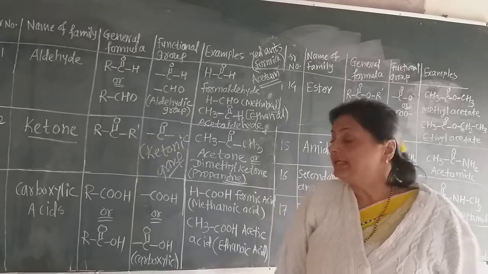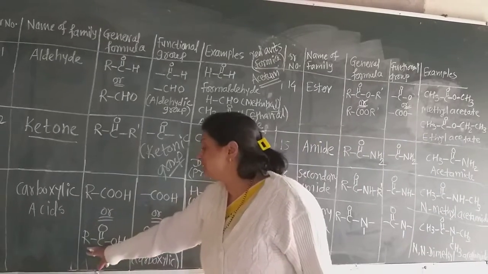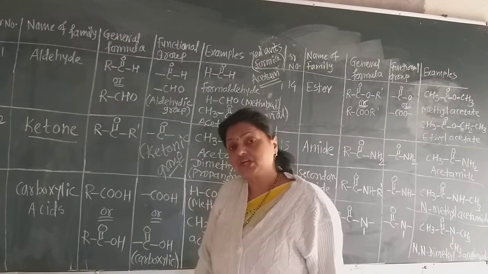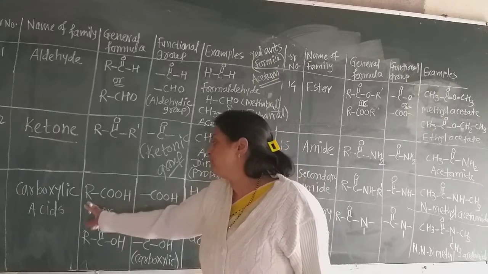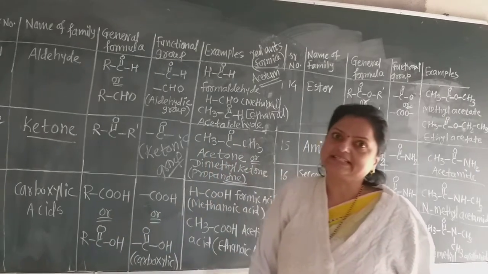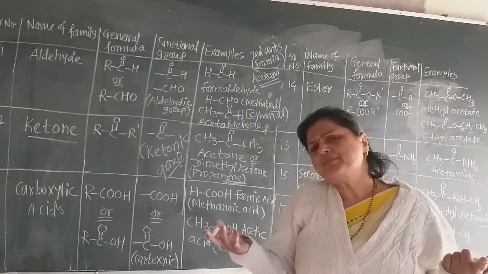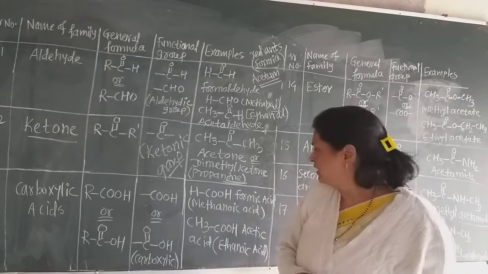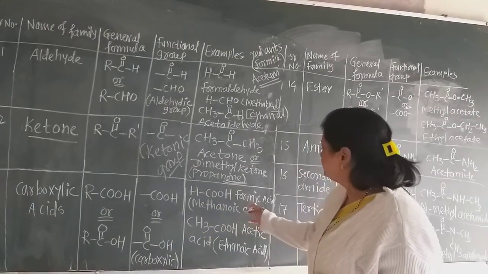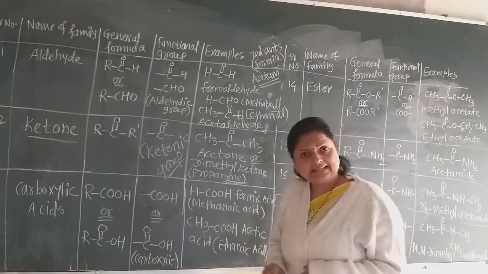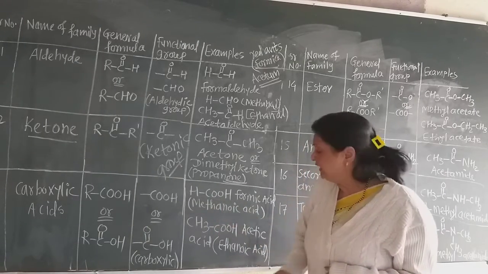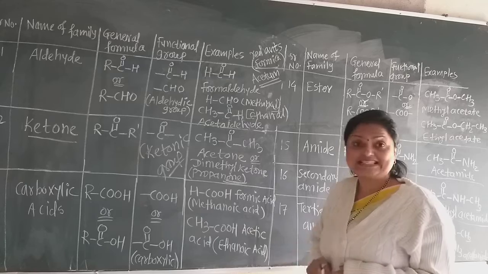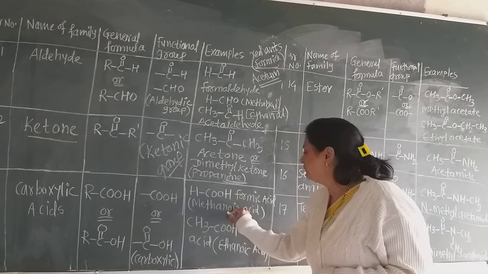Definitely the first acid has a hydrogen atom in place of the R group, and that is formic acid, HCOOH. Here this is formic acid, but as it contains only one carbon atom, it is also known as methanoic acid, with the suffix OIC. Methanoic acid.